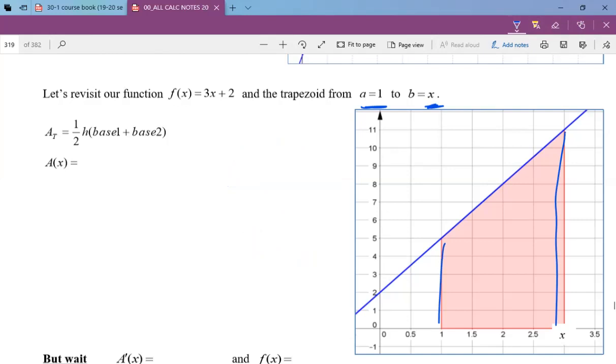The height ends up being this. So the area of this is 1/2 times the height, and the height, the horizontal distance between those 2 parallel bases, ends up being x minus 1.